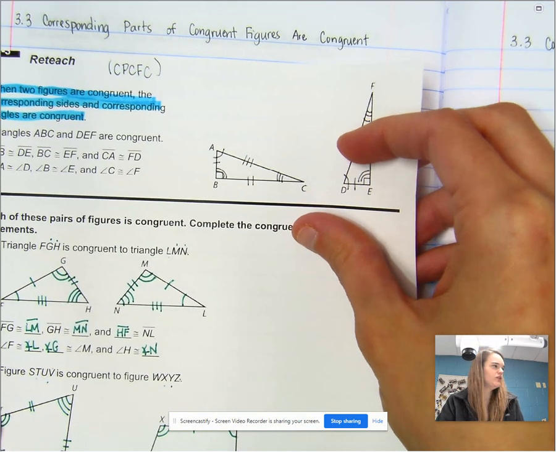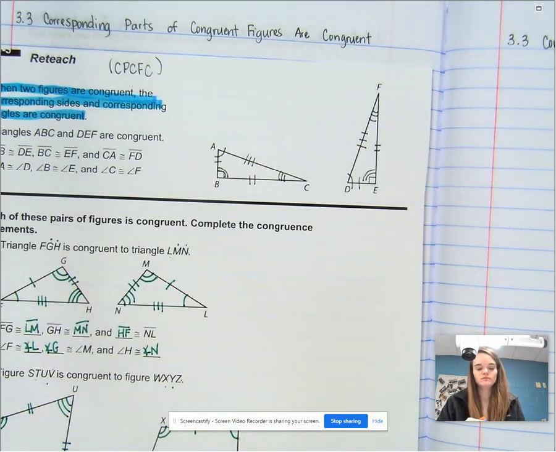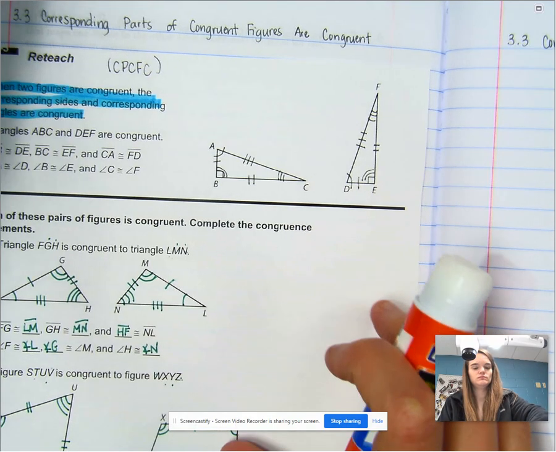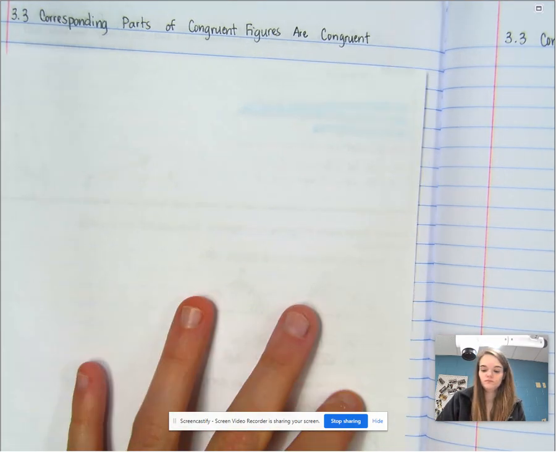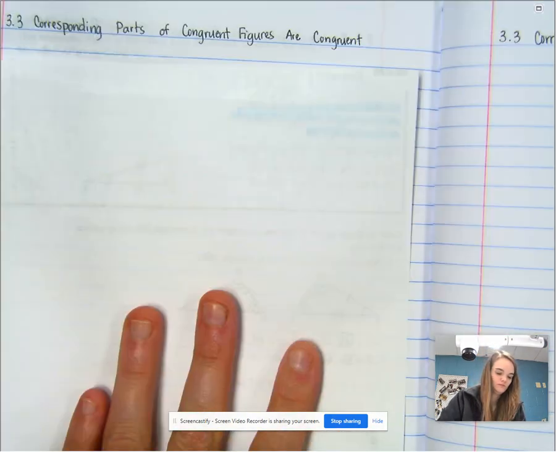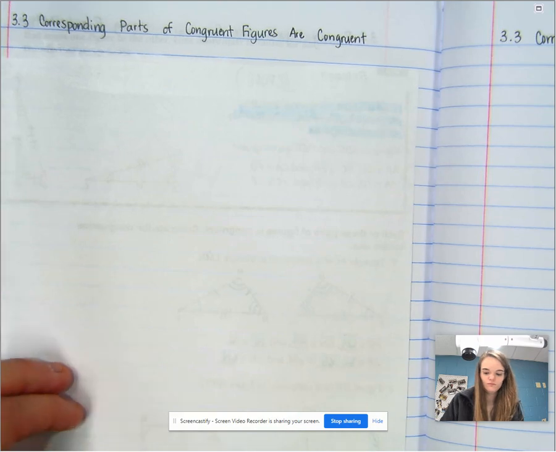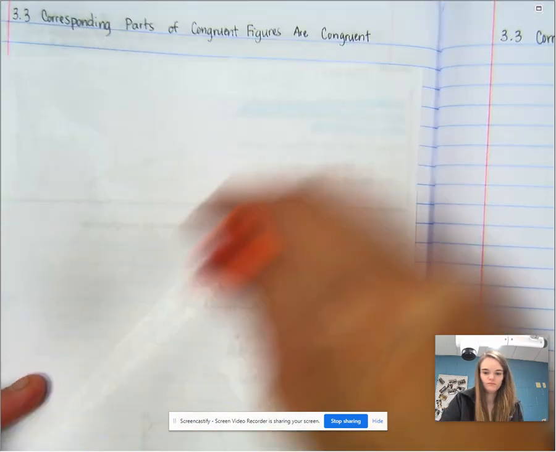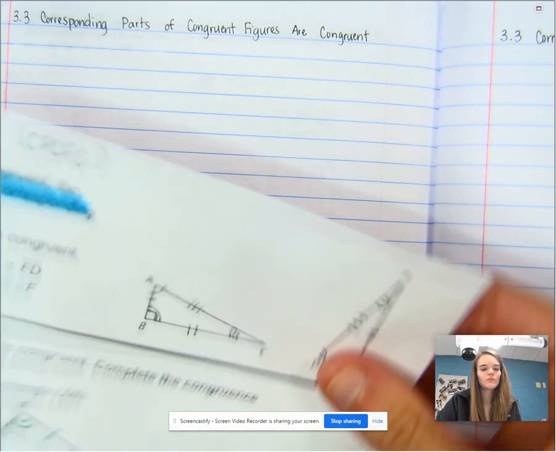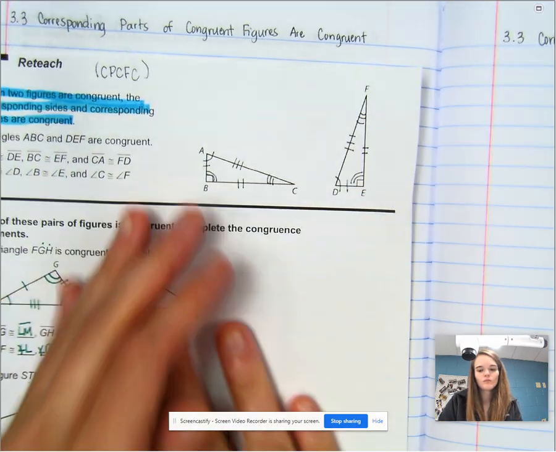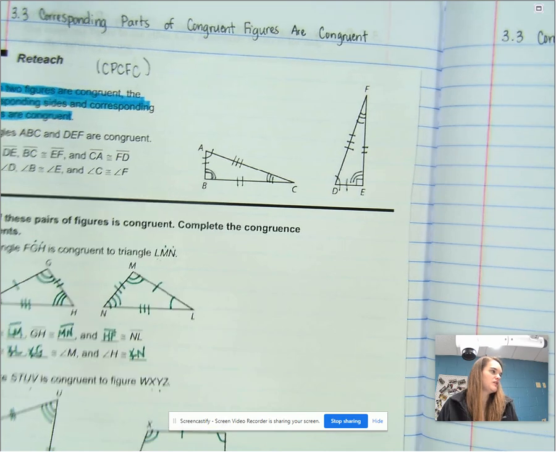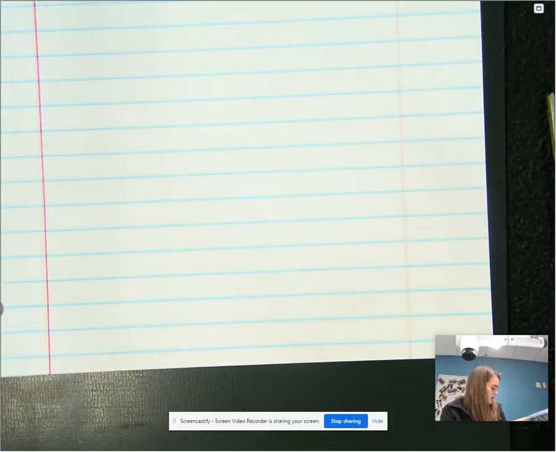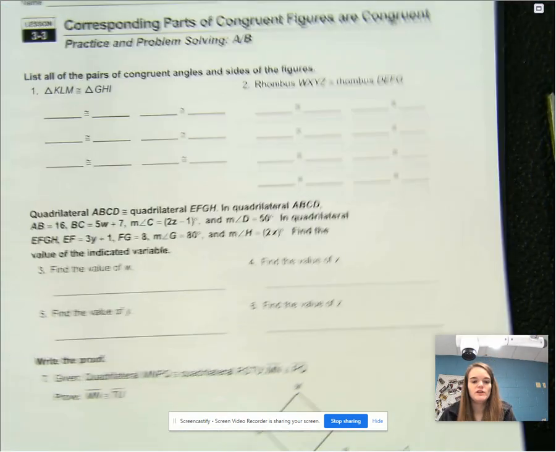Just go on page 32. Then the next part will go on 33. We'll get that in a second. So here's the next sheet.